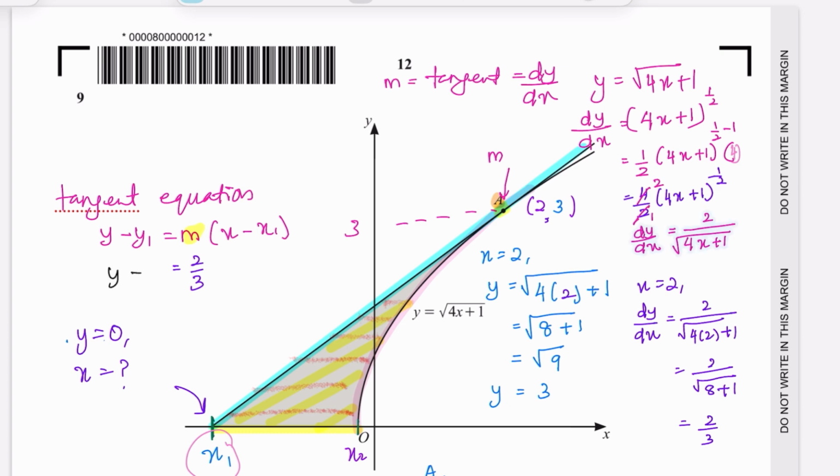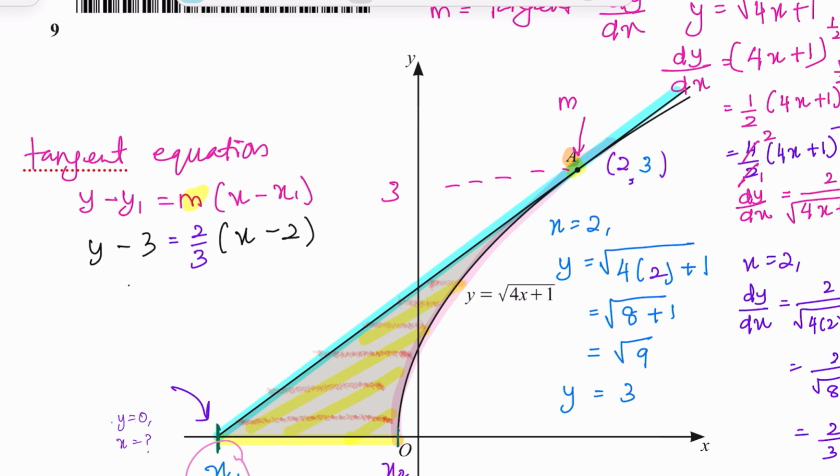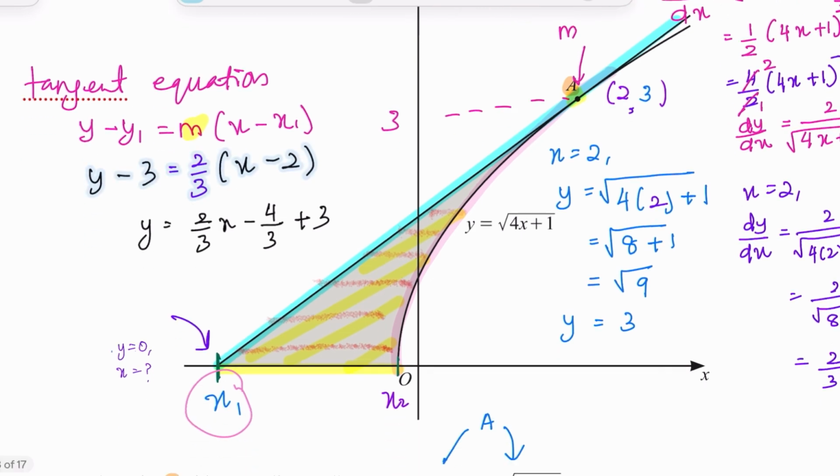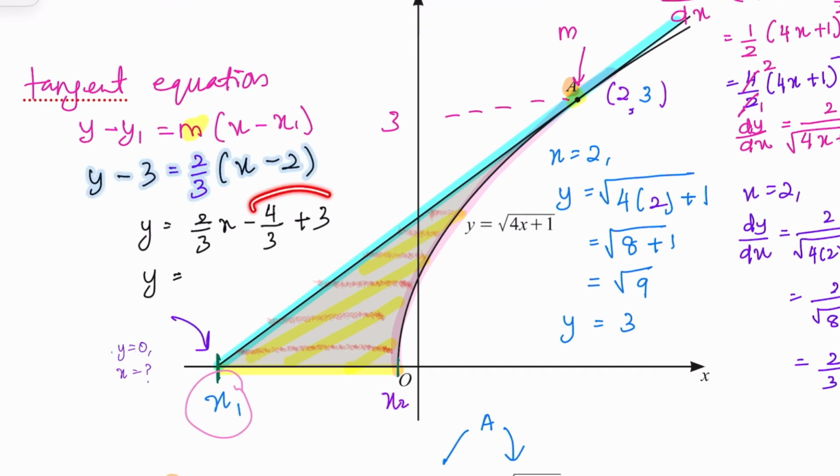I'm going to use the same coordinate, which is 2 and 3, 3 for the y, and then this is the m at x equal to 2, and this part right here would be 2. I'm going to bring this over to that side. Y is equal to 2 over 3x minus 4 over 3 plus 3. Simplify the back part: 2 over 3x plus 5 over 3.